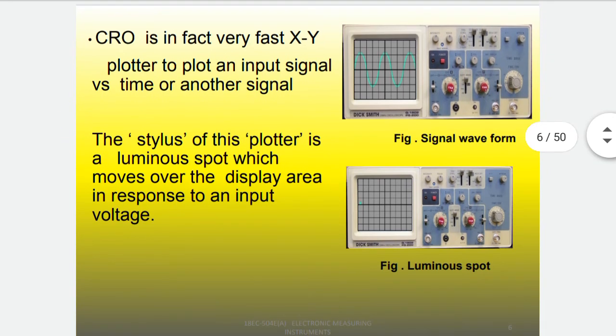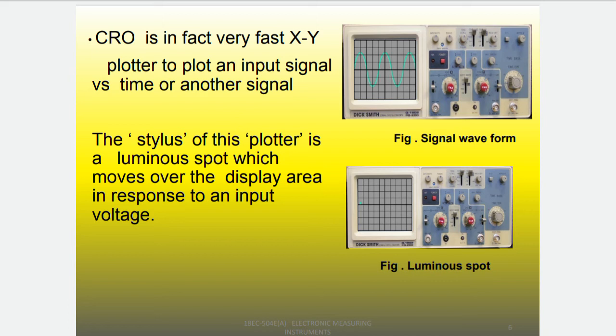CRO is in fact a very fast XY plotter to plot an input signal versus time or another signal. You can see in the figure, x-axis as time and y-axis as another signal.